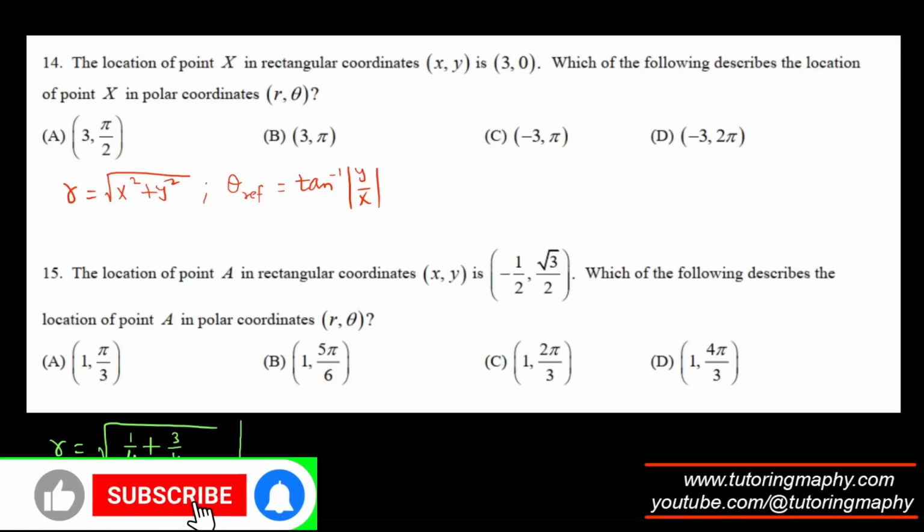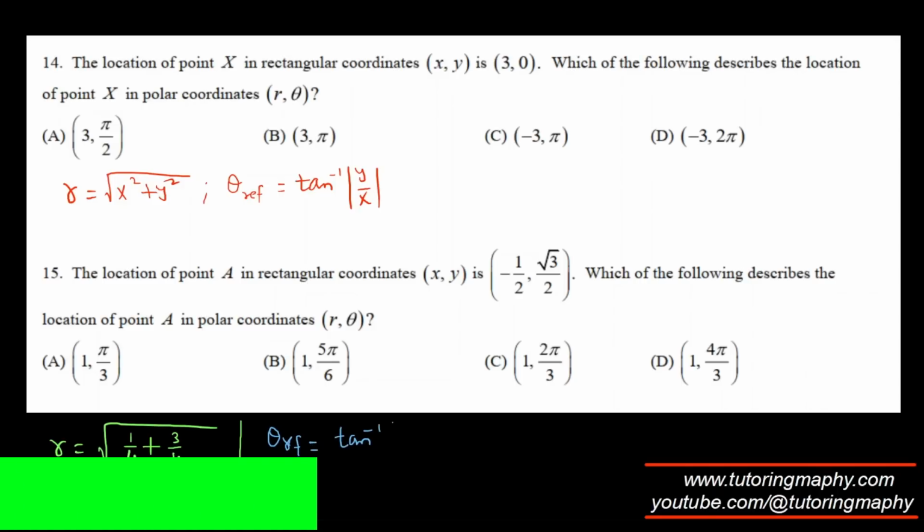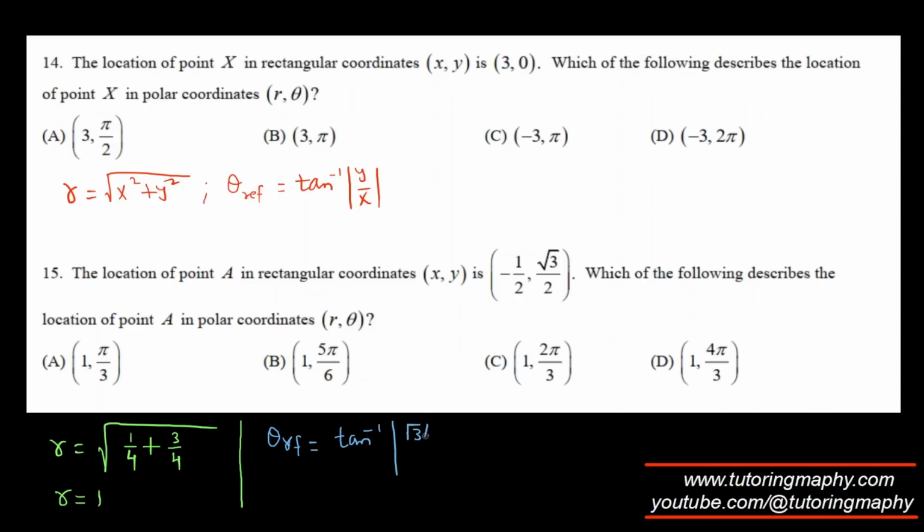Now, I'm going to find the reference angle because, you will understand in a minute what I mean, I have an absolute value. I have a y coordinate, which is root 3 over 2, and x coordinate, which is negative 1 over 2. So this becomes tan inverse root 3, right? Because 2 and 2 is gone and negative became positive. And tan inverse root 3 is pi over 3.